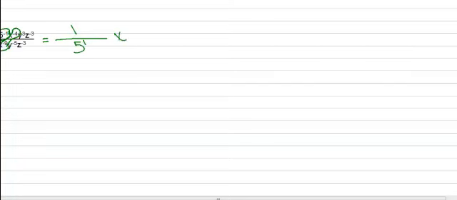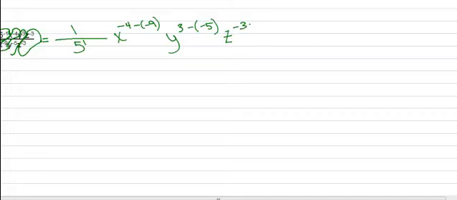So we've got x to the -4 minus -9. And then we're going to go to the y. So the y is 3 minus -5. And then we've got a z, which is -3 minus -3.